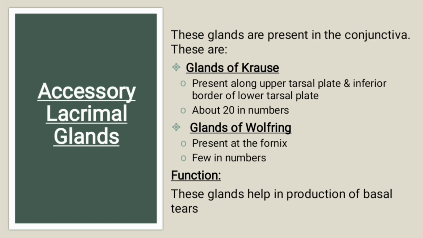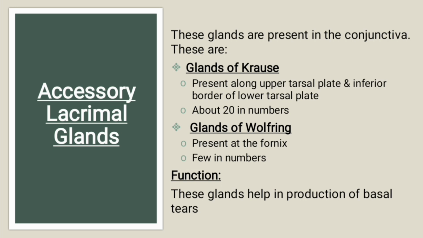So the glands of Krause are present along the upper tarsal plate. The upper tarsal plate is the tough fibrous structure on which the meibomian glands are present, right? They are present near it, and as the tarsal plate moves, they are also present in that structure, right?